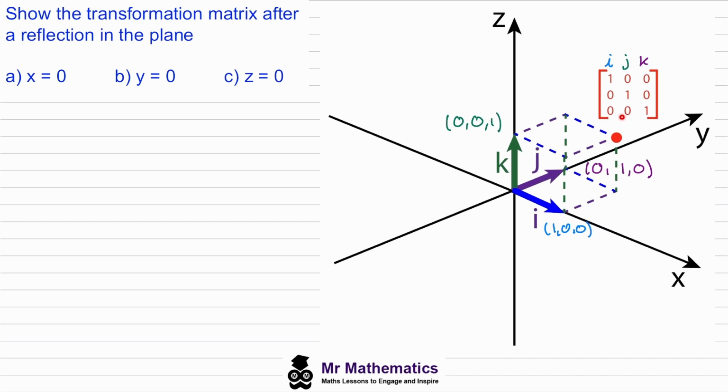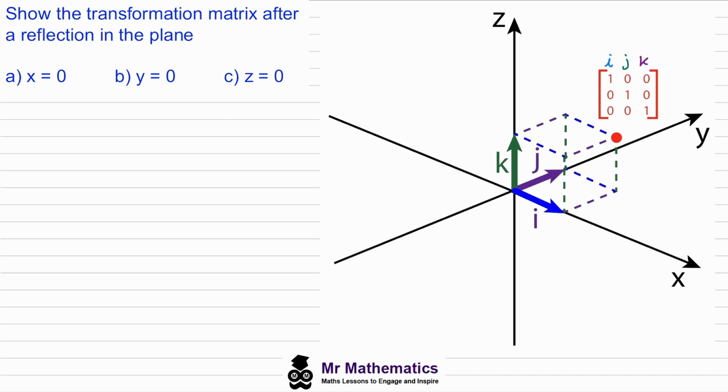Can you see how this matrix is made up of the I, the J, and the K coordinates? So when we find the transformation matrix after the reflection, it is this point which we're transforming.